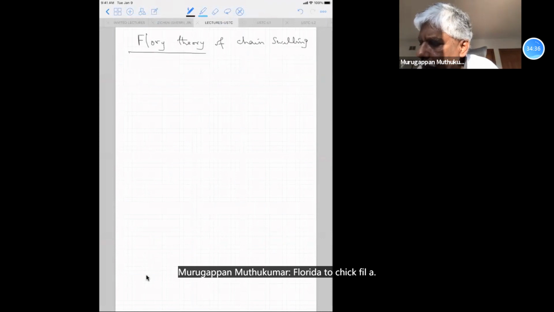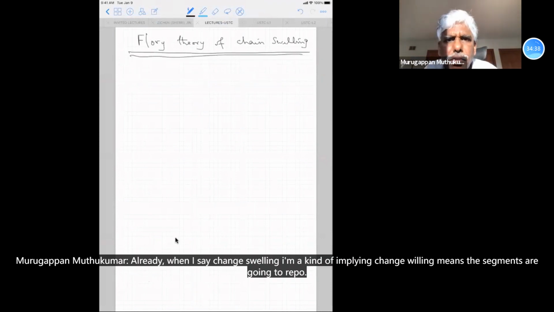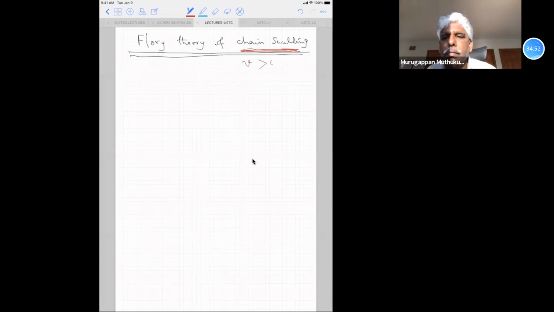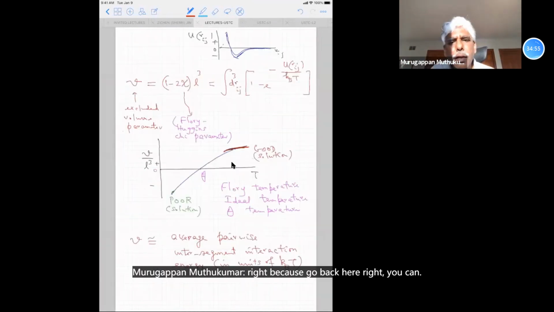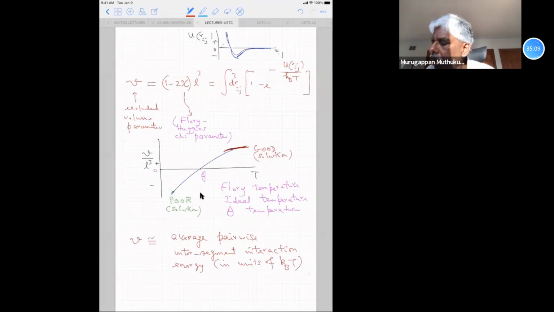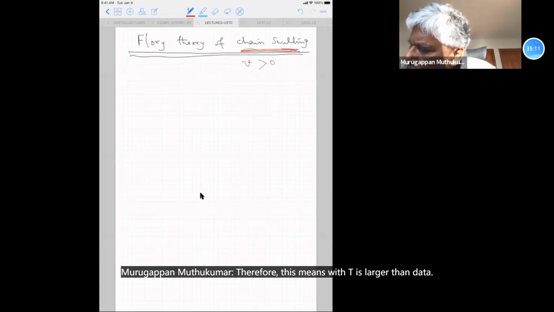Flory theory of chain swelling. Already when I say chain swelling, I'm implying that the segments are going to repel. This means I'm assuming that V is positive, because the chain can swell only if V is positive. That means the temperature is larger than the theta temperature. Only if the temperature is higher than theta is V positive.